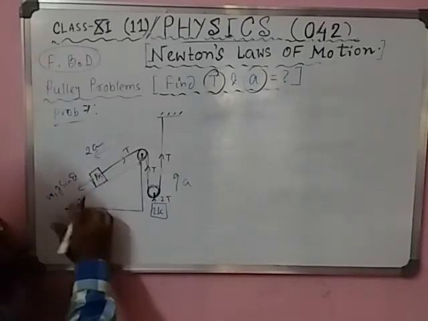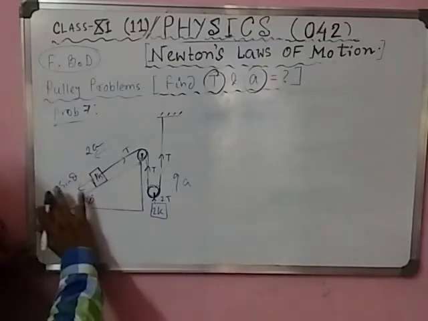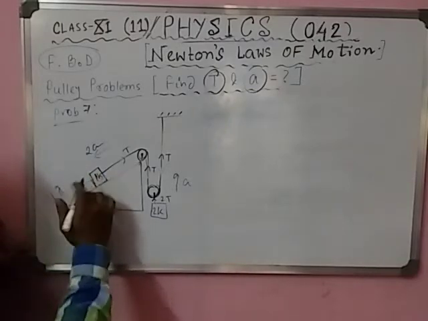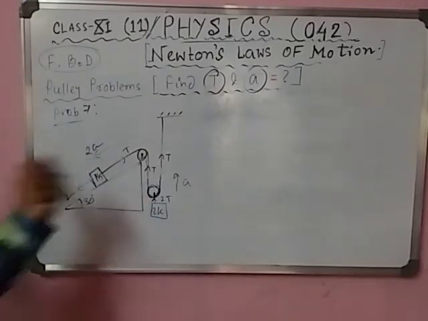Suppose theta is 30 degrees, all values given. So m1 is 1, g sine 30 means half. So here the force is g by 2, and acceleration 2a is in this direction.